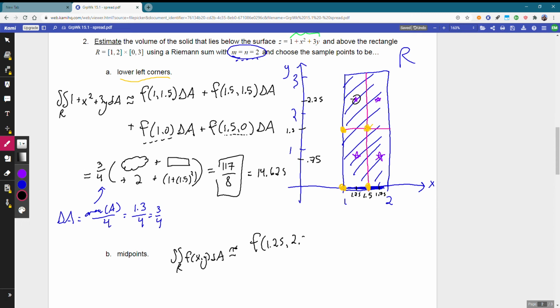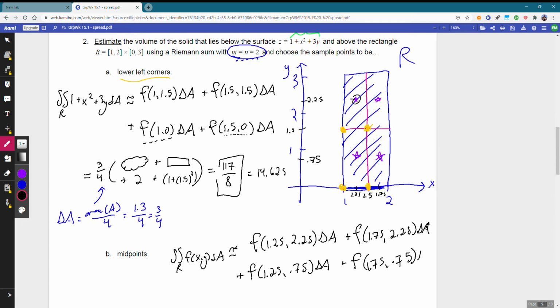Y value is 2.25. And then times our delta A, right? And then our next evaluation point is 1.75, 2.25 times delta A. Then our evaluation points below, f of 1.25, 0.75 delta A. Then our last evaluation point is 1.75, 0.75 times delta A.